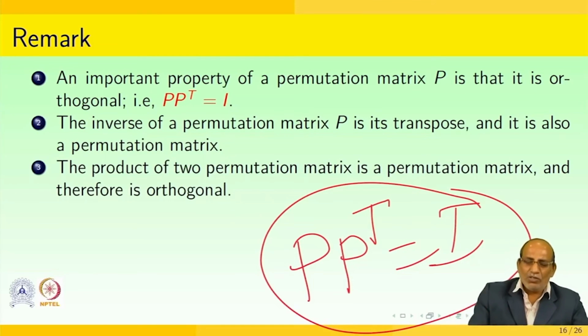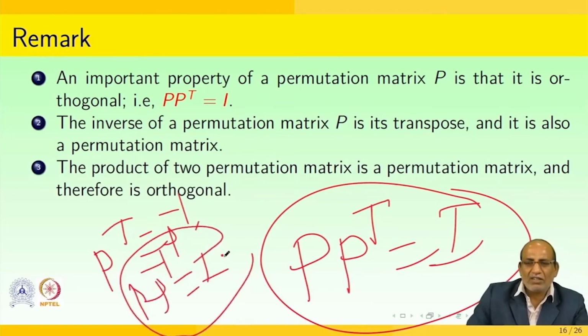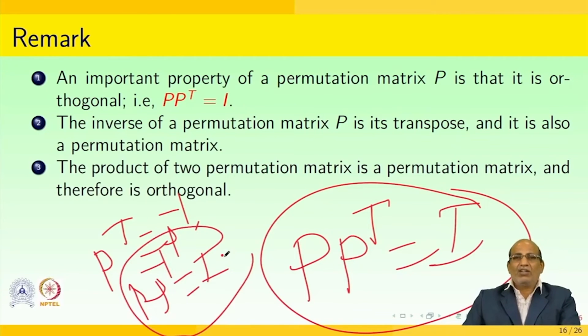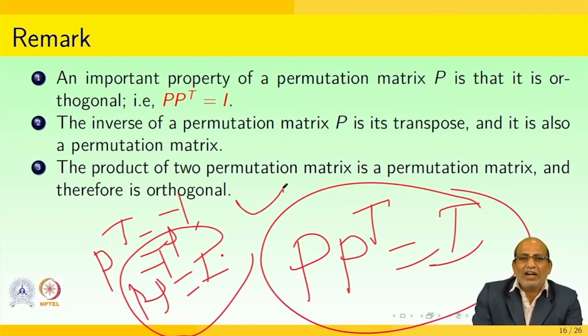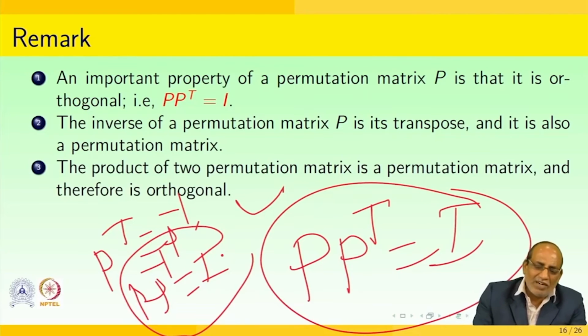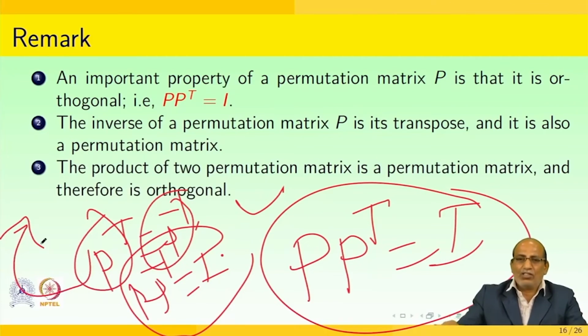So P transpose is equal to P inverse. The specialty is that the transpose happens to be the inverse. The inverse of a permutation matrix P is its transpose, and it is also a permutation matrix, which we can see from the previous examples.